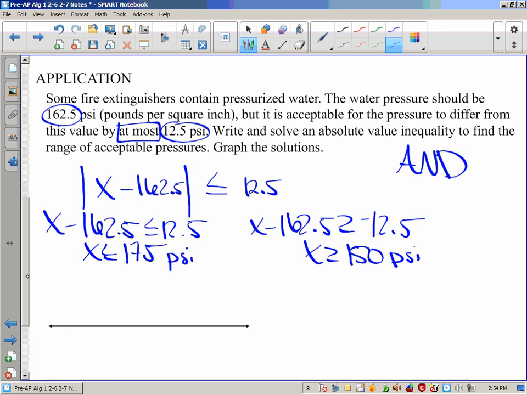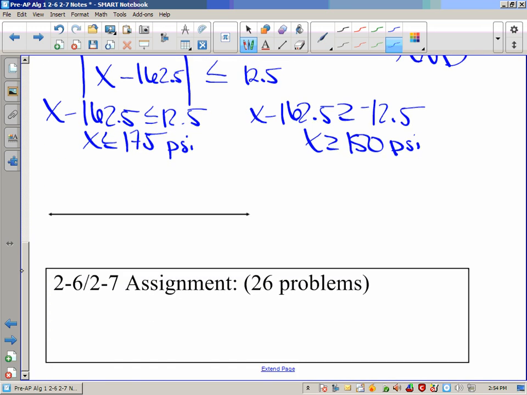Yeah. Okay. So when I put this on a number line, since this is an and, that means that my solutions are going to be in between these two values, 150 and 175. Now, whenever you do a number line, you can use a different scale instead of going by ones each time.